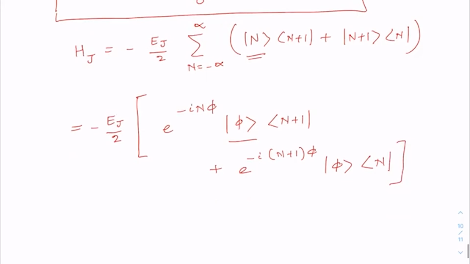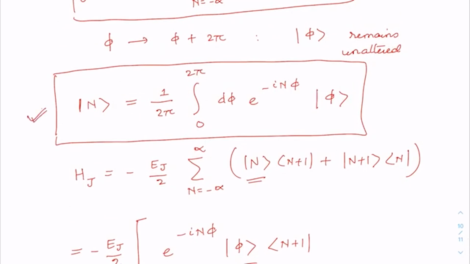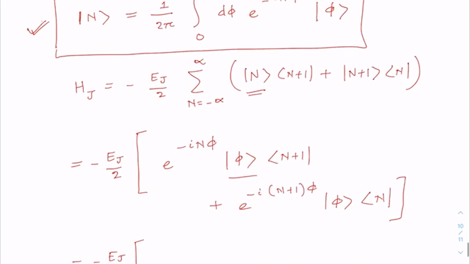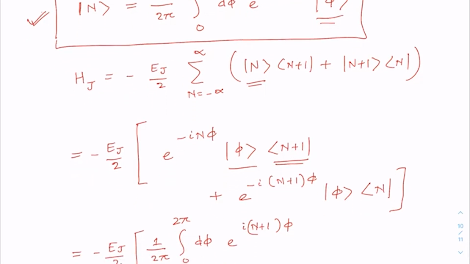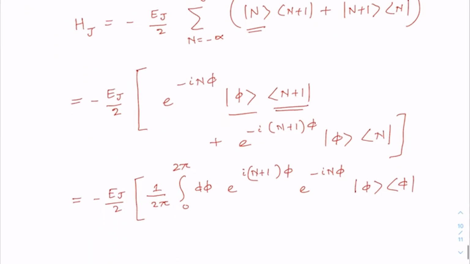Now let me introduce the bra for the first term: 1 by 2 pi, integral from 0 to 2 pi d phi e to the power i n plus 1 phi, because now I'm taking the bra of this one, so the minus becomes plus since I'm dealing with the bra part here, and I already have e to the power minus i n phi, and then I have ket phi and bra phi. I hope you are getting it.